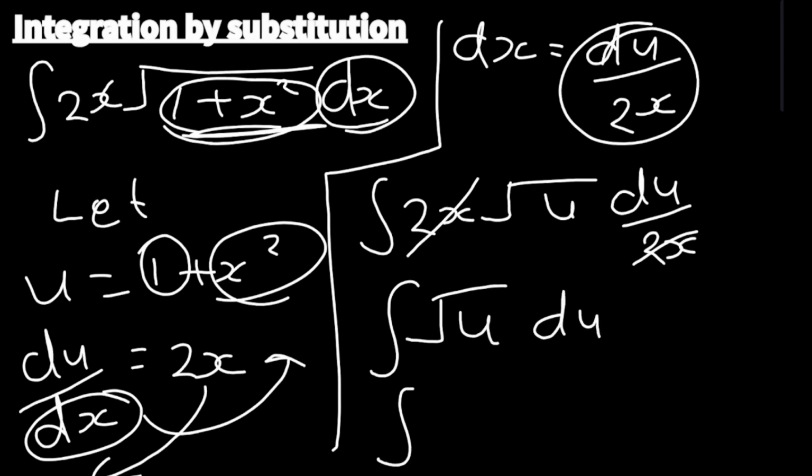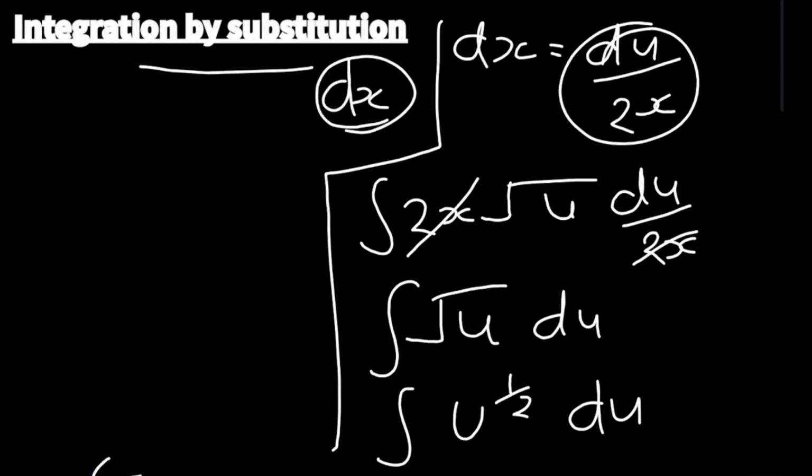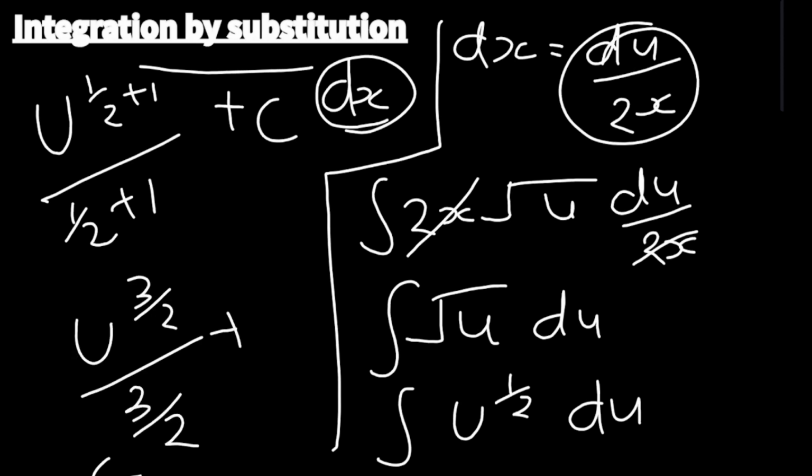That is, root u can also be written as u to the half du. The integral of u raised to half, that is u to the half plus 1 over a half plus 1 plus c. That will be u to the 3 over 2 over 3 over 2 plus c.